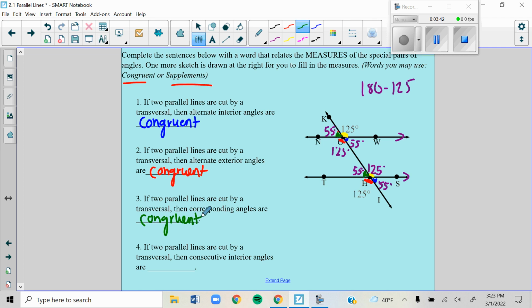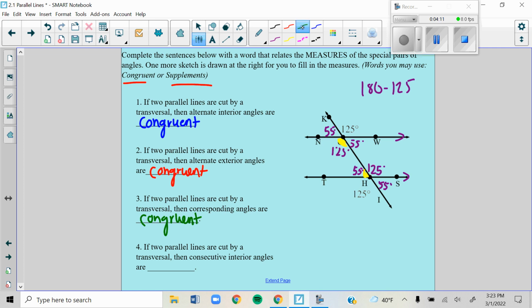All right, and our last one says, if two parallel lines are cut by a transversal, then consecutive interior angles. Let me go ahead and eliminate those colorings. Consecutive means one right after the other, and interior means on the inside. So these ones are like here and here. These are consecutive, they're next to each other, and they're interior, they're between my parallel lines.